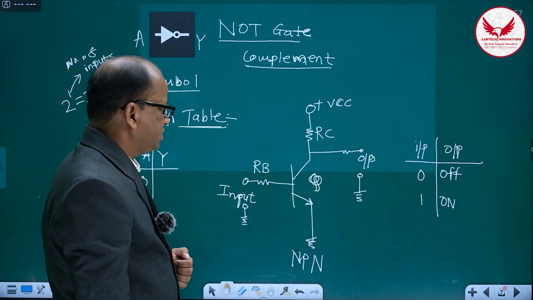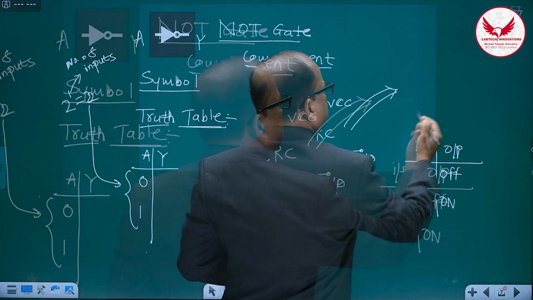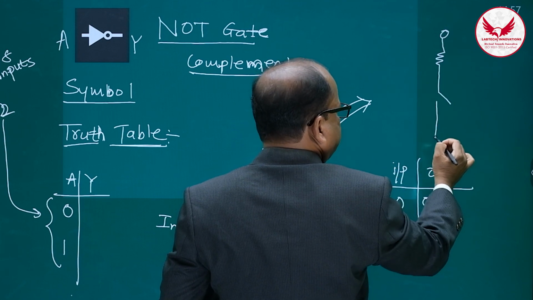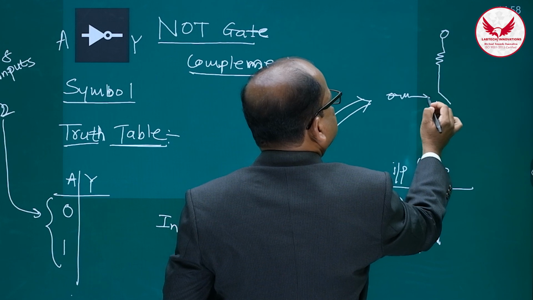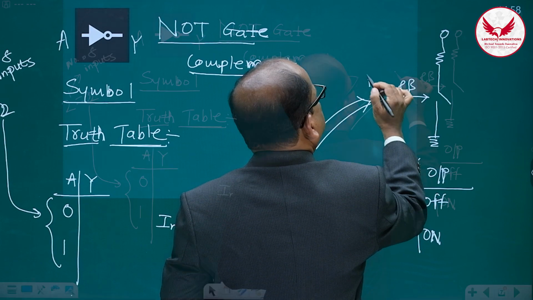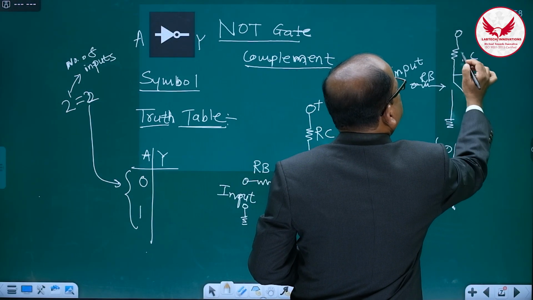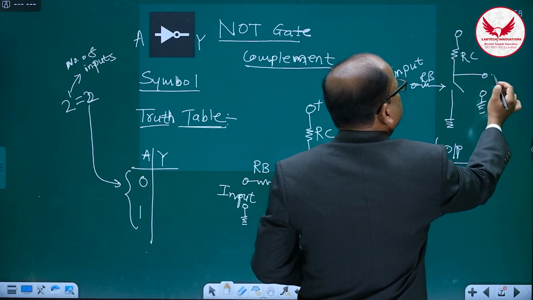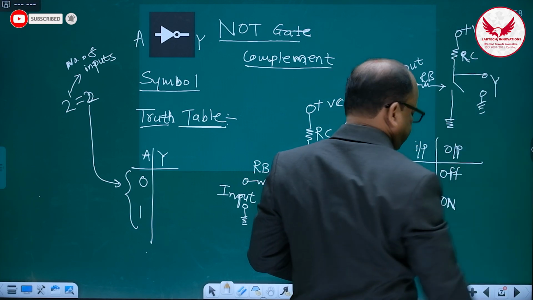Because of this, if I draw the equivalent diagram, it looks like this. This is a switch, here ground, then through this resistor RB the input is applied. Then RC, the output Y is taken from this terminal, and here plus VCC is applied.